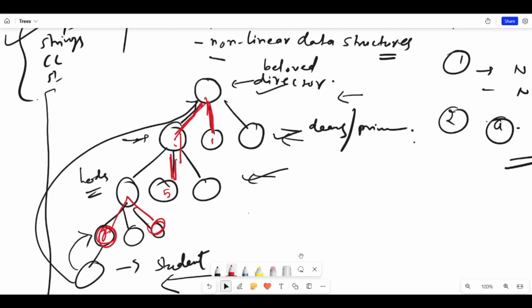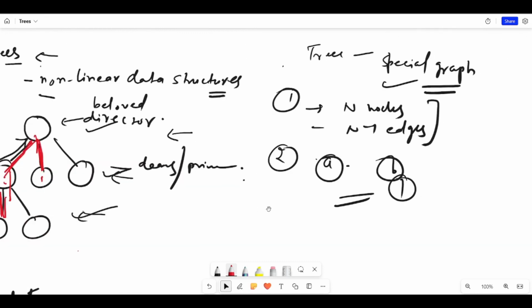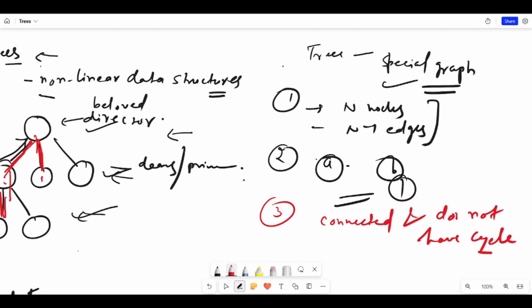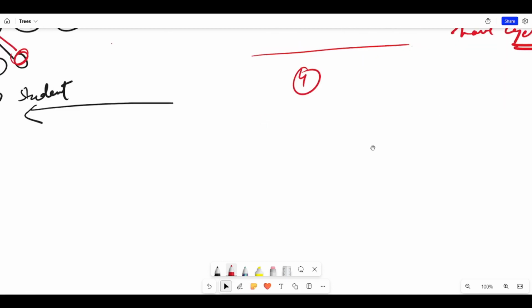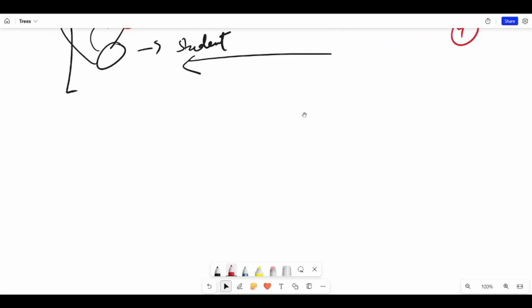So that is a property of a tree. Third property is that the tree is connected and it does not have any cycle. Fine.